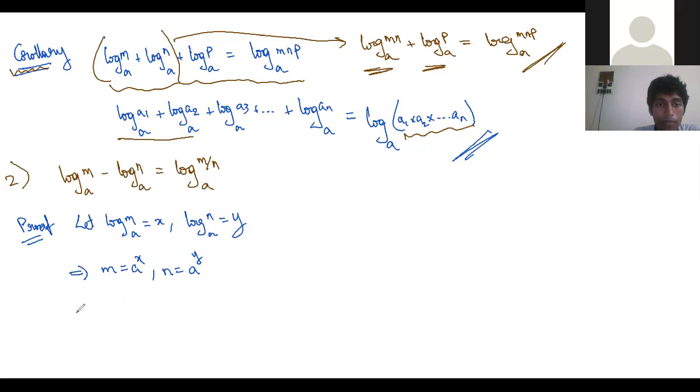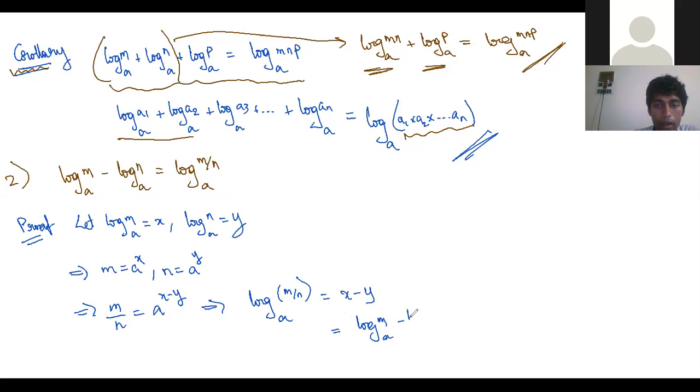If you divide both of these, this implies m by n is equal to a power x minus y. Now if you take logarithm on both sides, you get log of m by n to the base a equal to x minus y. But x minus y is nothing but log m to the base a minus log n to the base a.